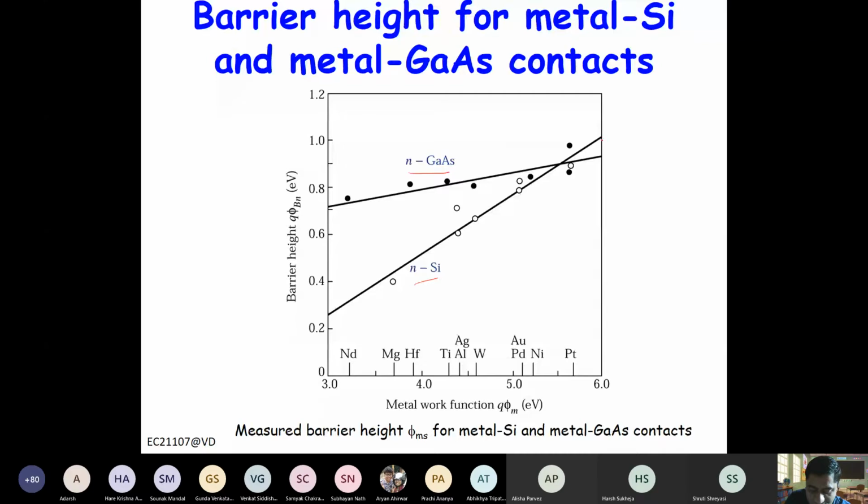So this is 0.8 by 3, right? What do you get here? Around 0.3, right? So the slope is not 1 basically.